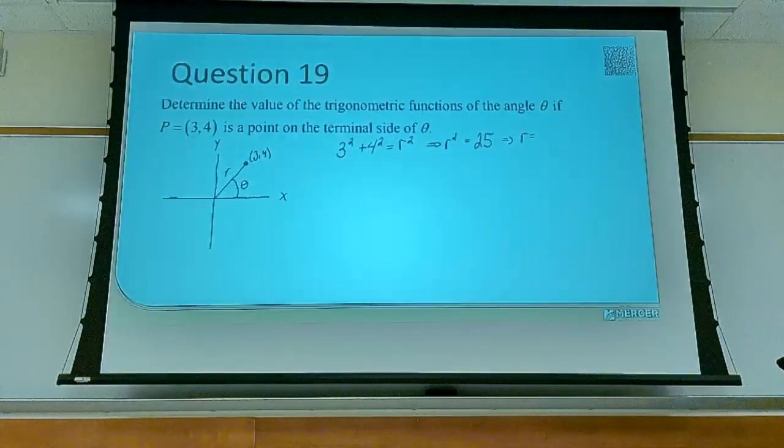Square root of 25, which is 5. That's a 3, 4, 5 right triangle, by the way. I'm not at right triangles yet, but I can make that into a right triangle by drawing the line down, but we'll get to that later.